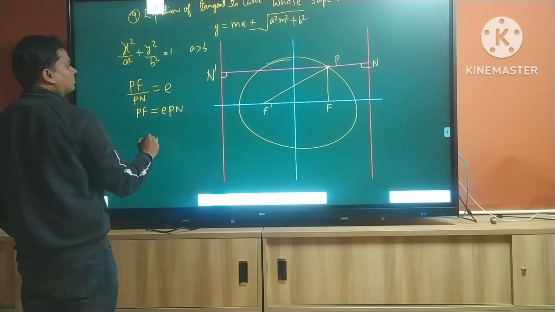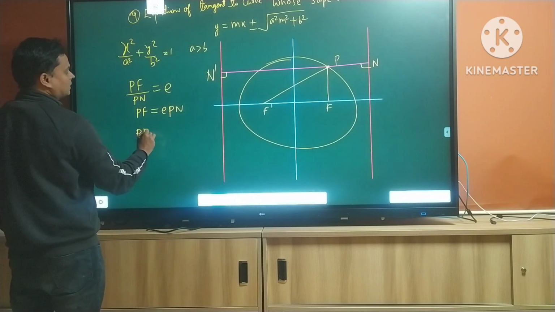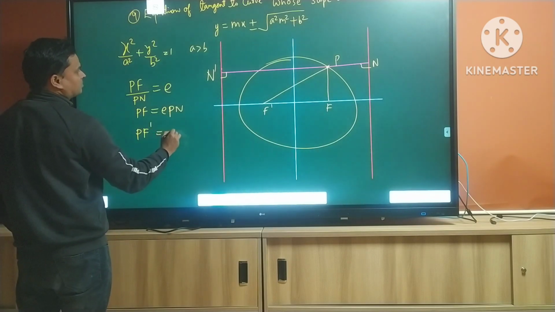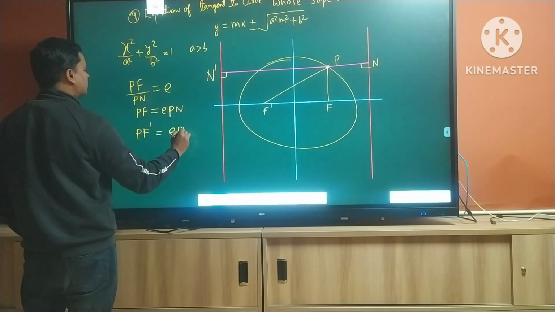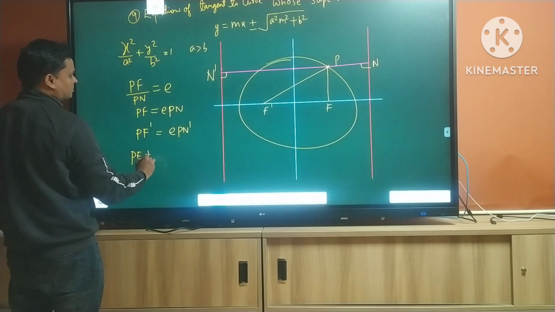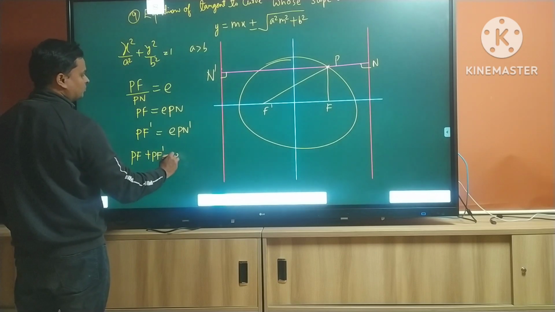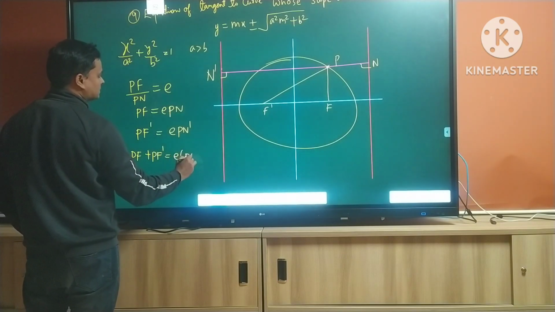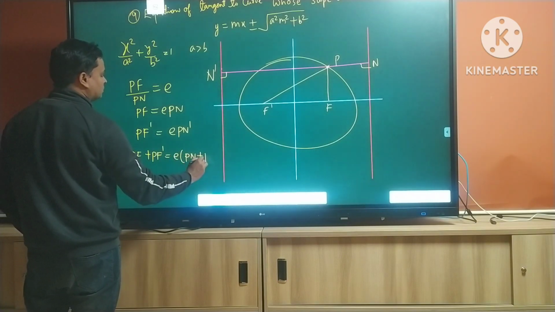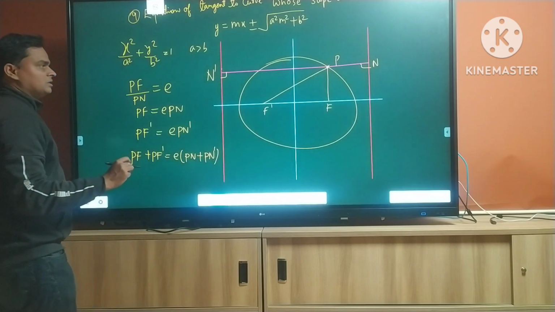Now coming to the second part, PF' can be written as e times PN', right? Now adding both of these equations, PF plus PF' is equal to e times (PN plus PN'). Am I right?